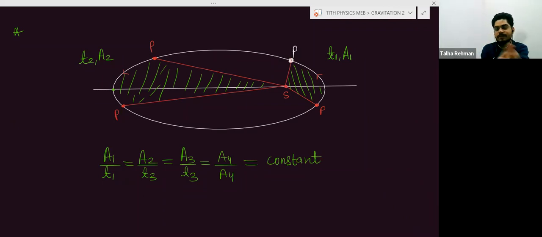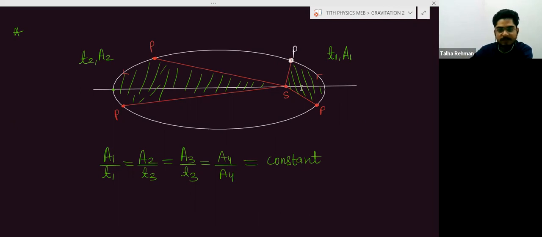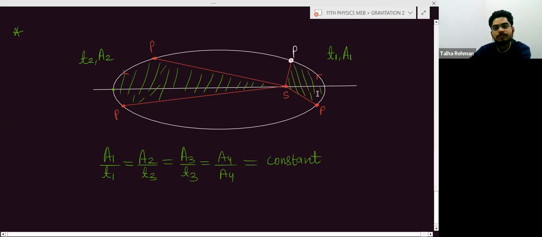So now tell me one thing, both these areas are same. Suppose this is covering, again I am saying, a1 area in time t1.